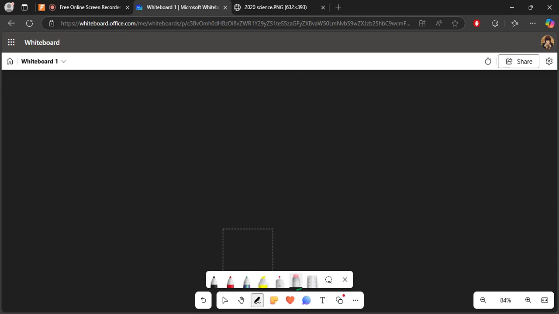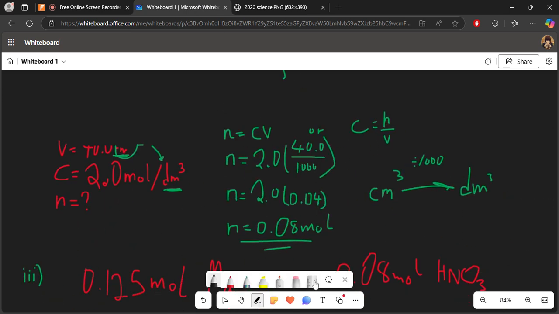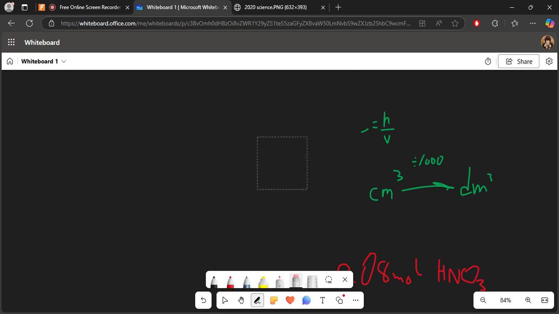So, a balanced chemical equation for our reaction. Well, we have our magnesium oxide reacting with nitric acid.